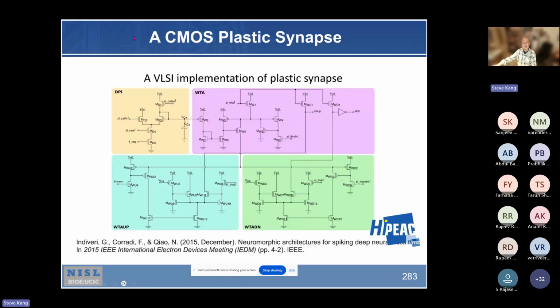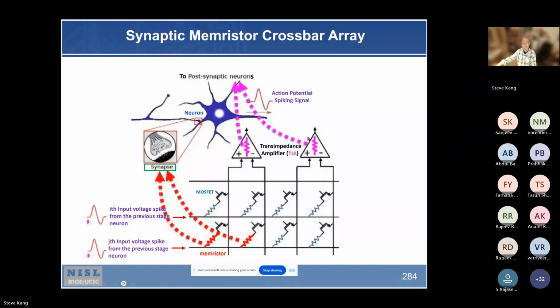And a CMOS plastic synapse. This is another version of a CMOS circuit. Again, many transistors, although fewer than the previous one. And that's a crossbar array again, and the synapse is also in series with the MOS transistor.